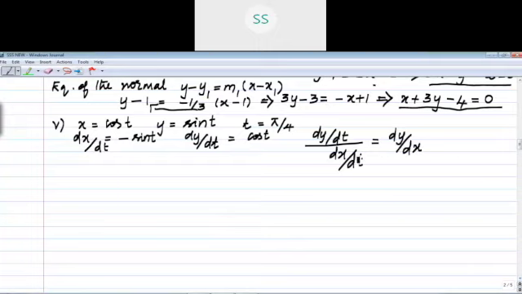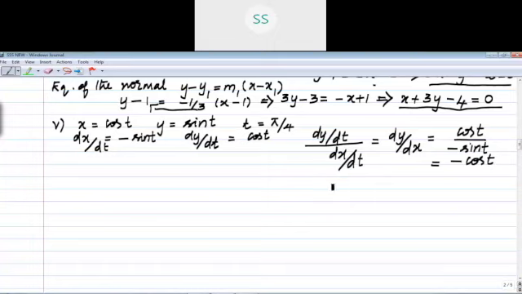That means the dt dt cancel. Which is equal to, what is your dy by dt? Cos t, divided by minus sin t, which is equal to minus cos t.